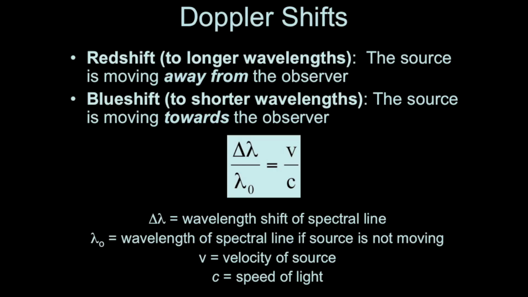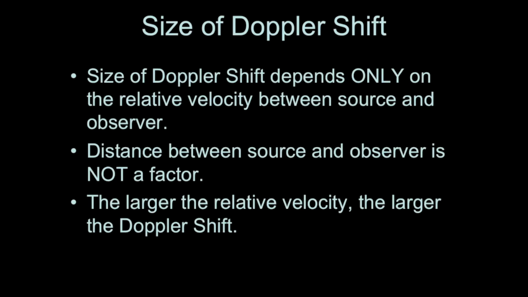Notice that the bigger the change in lambda, the bigger the change in the wavelength between the source and the rest wavelength, the bigger the velocity. Or vice versa. Really what that means is the bigger the relative speed, the bigger the change in the wavelength will be. So the size of a Doppler shift depends only on the relative velocity between the source and the observer.